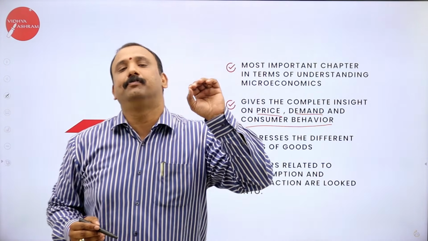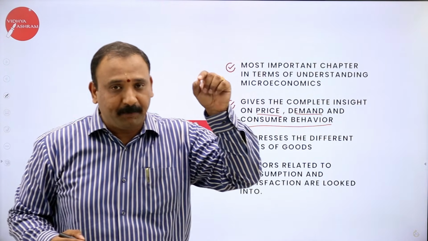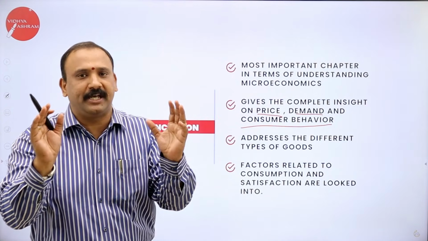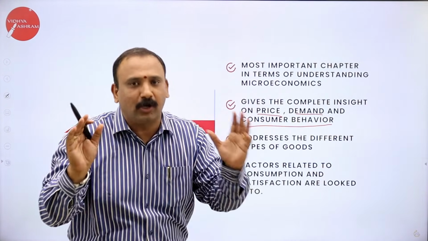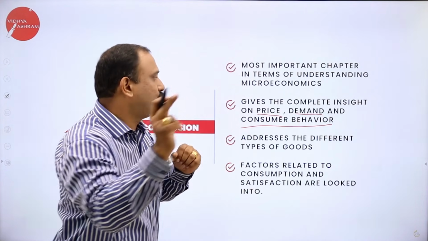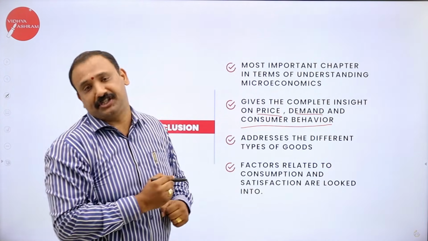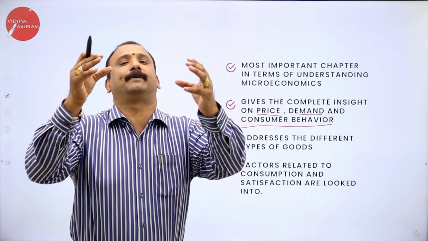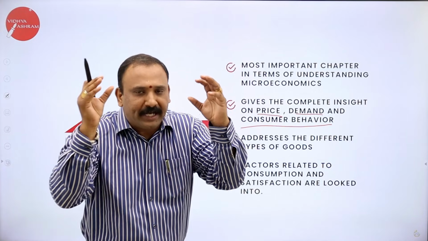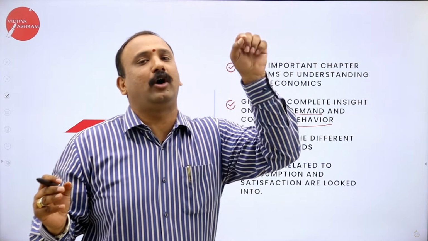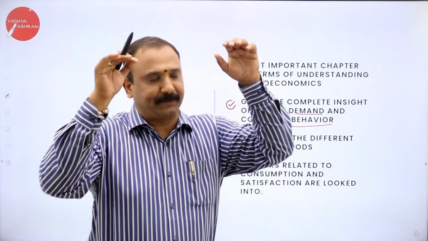Price is the most important factor that we have been learning in microeconomics, because that makes a lot of change in the market, that makes a lot of change towards the consumer perception altogether, because of which the demand also changes. So consumer behavior is a combination of price and demand. It's a combination of all factors put together to understand the psychology of the consumer in depth.